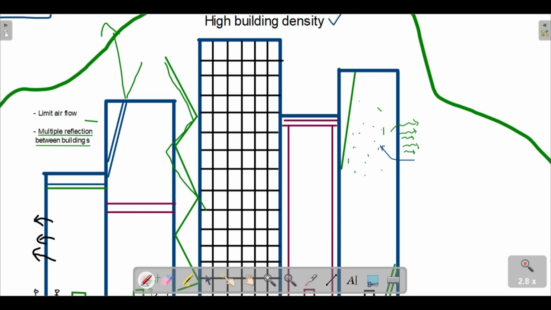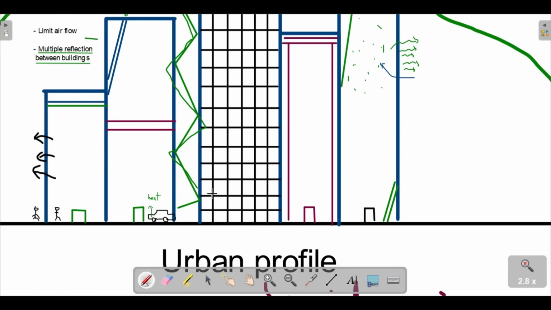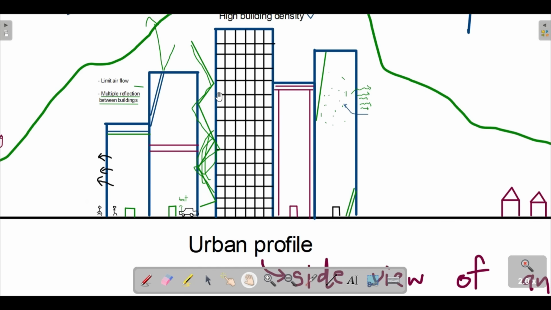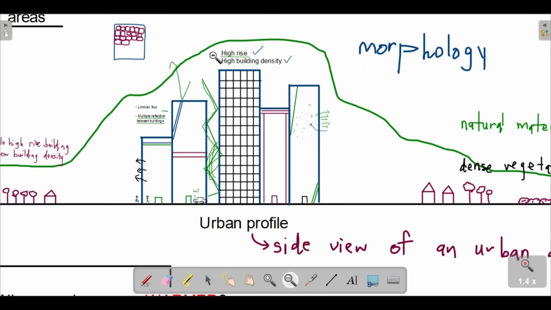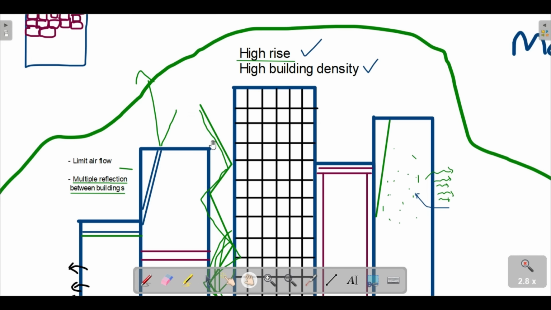As you can see here, it bounces in between the buildings, and so the heat remains here in that ground level of the atmosphere because of these multiple reflections caused by high-rise buildings. If our buildings were much shorter, then this would not happen. So because of high-rise buildings, we see multiple reflection between buildings.